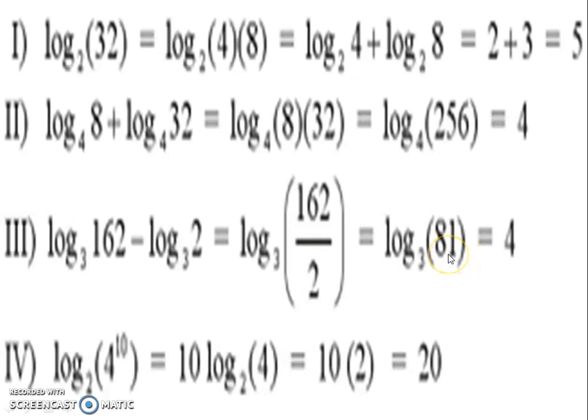Again, 3 to the 4th power is 81, so 4 goes to this side, log 3 to the base 3 is 1, so the answer is 4. Next one: log 4 raised to 10 to the base 2 is equal to 10 log of 4 to the base 2. 4 is again the square of 2, so the 2 comes to this side, giving 2 into 10, and log 2 to the base 2 is 1. So the final answer is 20.